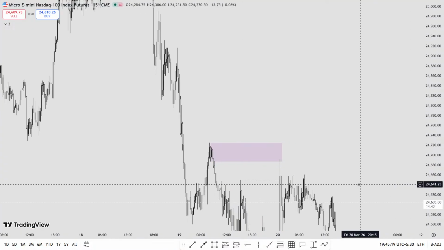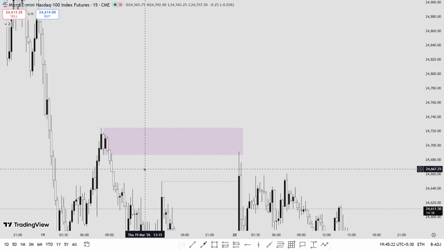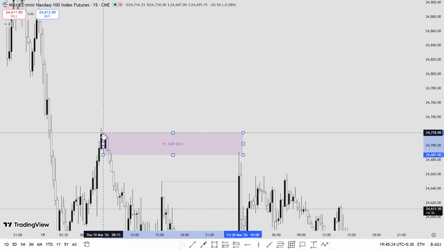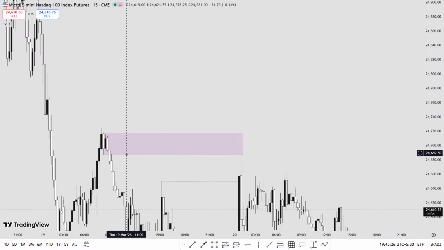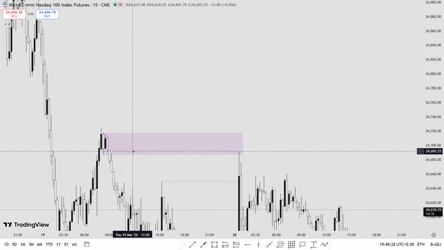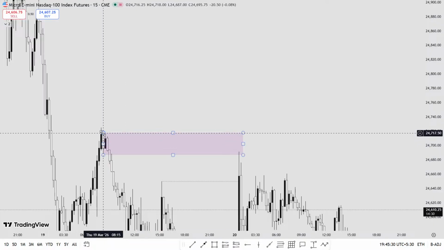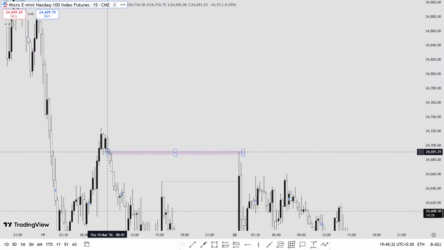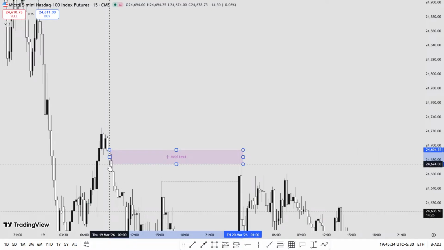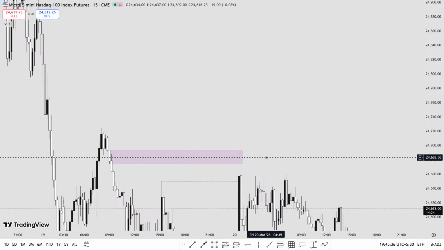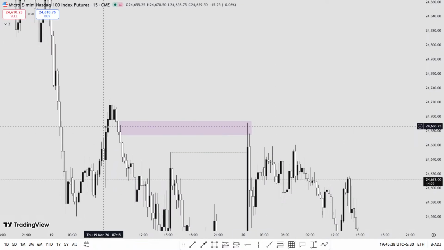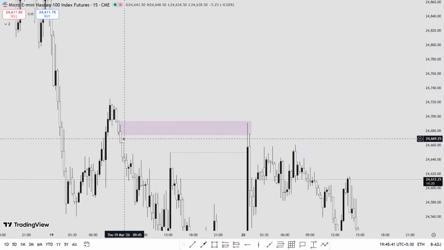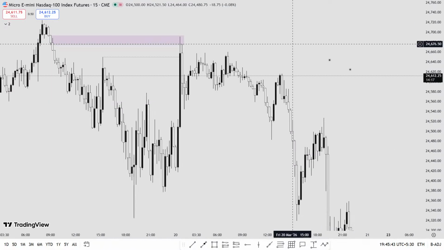Is there some kind of? Let me see. So we are going to mark this one as a POI because there was no imbalance over there. So there is an imbalance over there. So we're gonna mark this one.